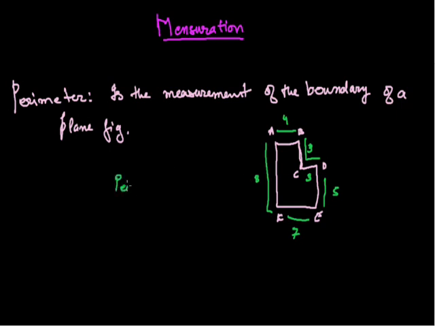Then perimeter will be equal to AB plus BC plus CD plus DE plus EF plus FA.